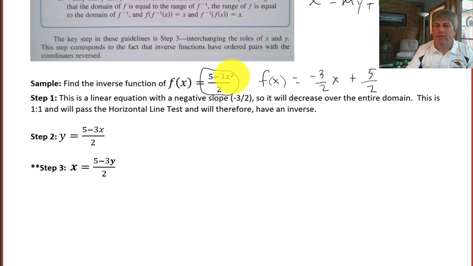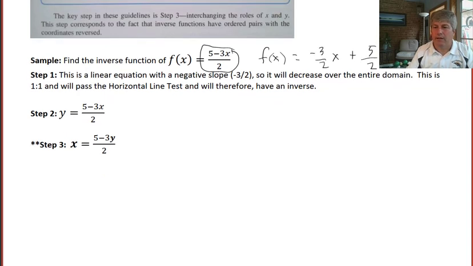We might see this as f of x equals -3 halves x plus 5 halves. This is a linear equation with a negative slope, -3 halves, so it will decrease over the entire domain. So this is one-to-one, and it's going to pass the horizontal line test. Therefore, it's going to have an inverse.